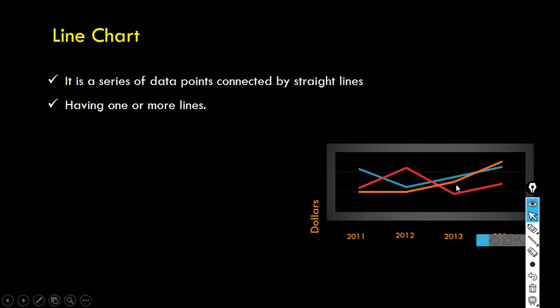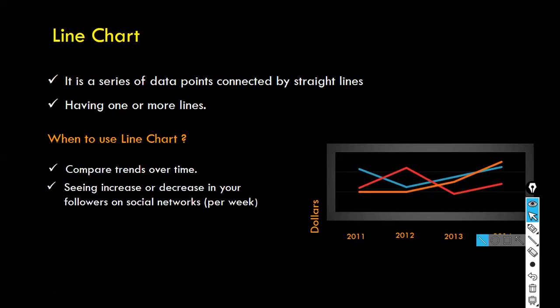Basically, to compare revenue over time, or the trends over time, or profitability over time, you can use a line chart. It helps us track changes over short and long periods of time. When smaller changes exist, line graphs are better to use than bar graphs. Line graphs can also be used to compare changes over the same period of time for more than one group. You need to remember this.